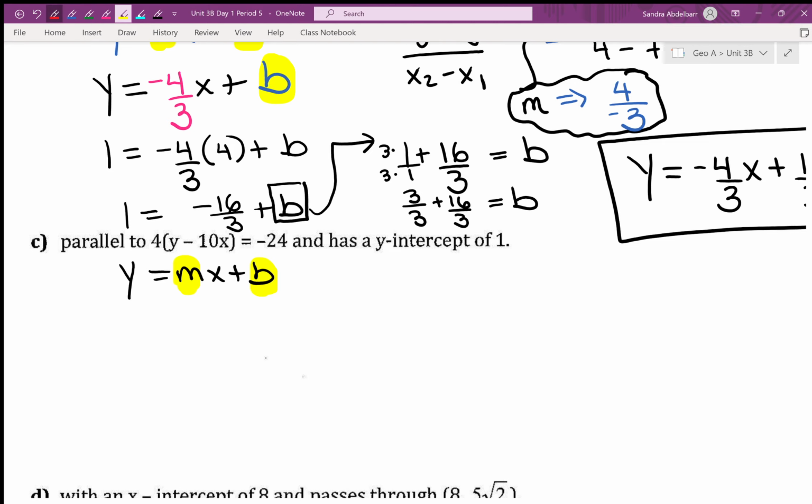Right now, the way this is written, am I able to identify the slope? No. Can I manipulate this equation so I can identify the slope? Yes, I need to make it look like y equals mx plus b so then I can identify the m. So let's do this now. You guys write this down, write y equals mx plus b.